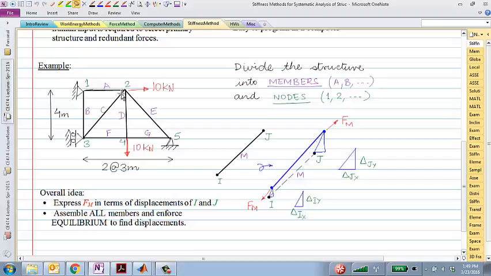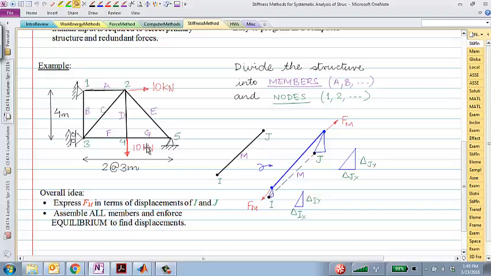So if there are 7 elements, if I can somehow express that for a particular member M, which is connected to nodes I and J, then if I'm able to find out what would be the force in that member if node I displaces by some amount delta Ix, delta Iy, and node J displaces by delta Jx and delta Jy, then I should be able to figure out what that internal force would be, right? So if I can figure out that part, the force displacement relationship for one element, then I can figure that out for all the elements.